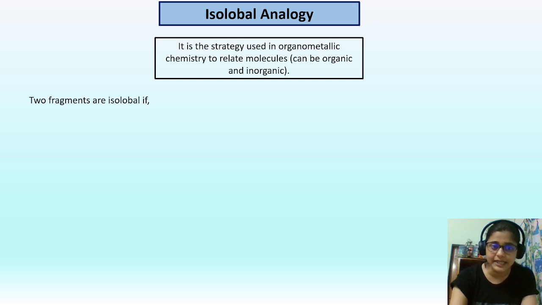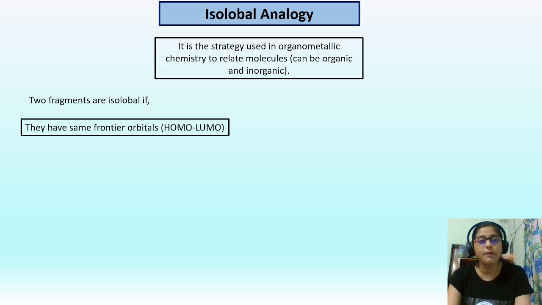Firstly, the main important thing is that two fragments are isolobal if they have the same frontier orbitals. Frontier orbitals, you know, right? Because I have taught you that in the Diels-Alder reaction class. HOMO and LUMO are the frontier orbitals. But seeing a molecule or knowing only its formula, how can we say what the HOMO and the LUMO are?